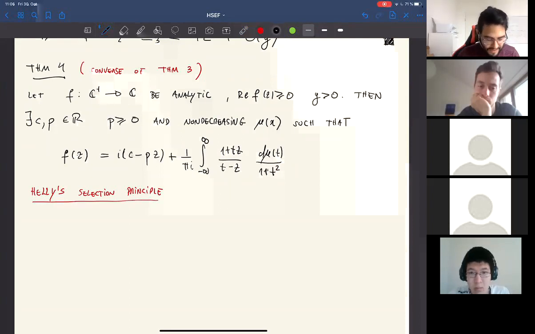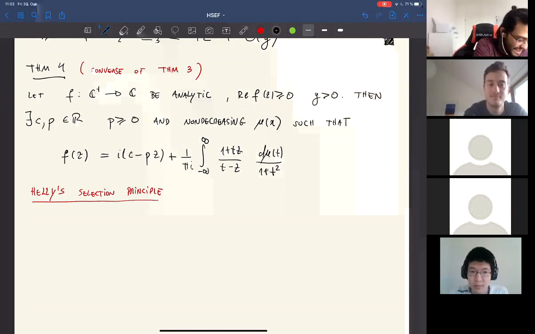What a cool name this is. Helly's selection principle. It looks like an awesome theorem with a very hard proof. I wish I could manage to prove a theorem that has a cool name like this and remains throughout history, and people use it a lot. I would be a very happy mathematician. But actually, it's very simple, and the proof is very simple. It's something useful to know.